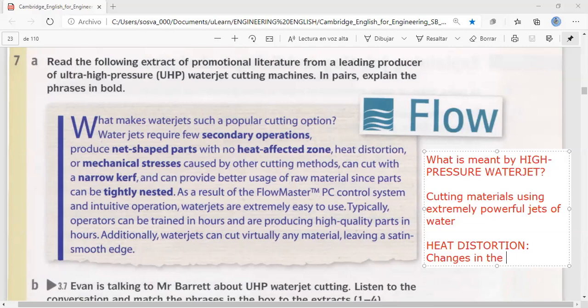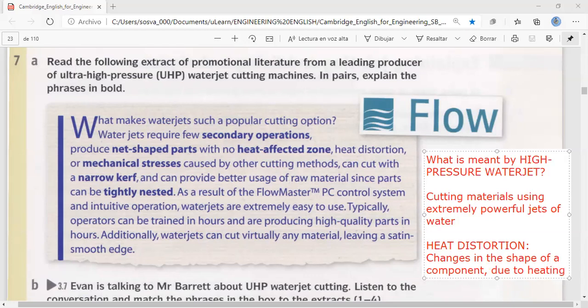Yes, heat distortion is known for changes in the shape of a component because of heat.